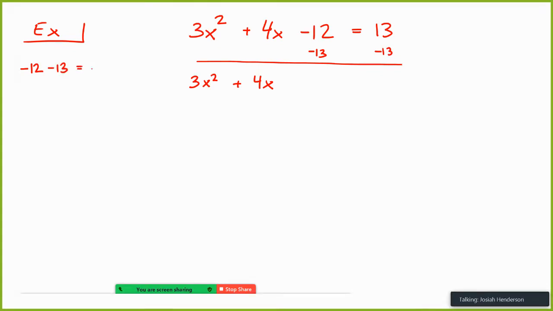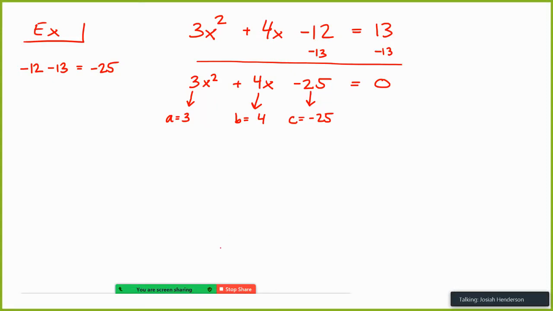Those combine to negative 25 equals 0. So here's our actual starting problem, and like Braden said, this is where A, B, and C come from. A is 3, B is 4, and C is negative 25.